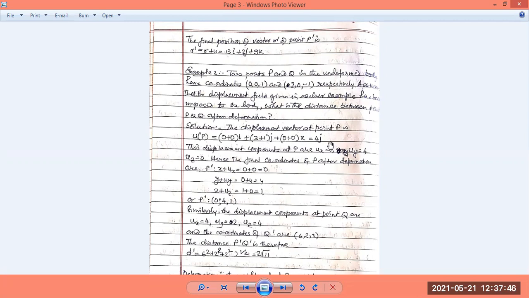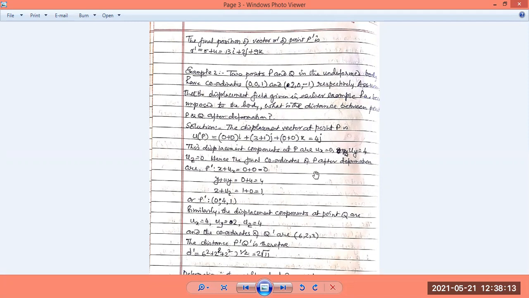So here we got the displacement vector at the point P itself, which is equal to 4j. The displacement components are ux equal to 0, uz equal to 0, and uy equal to 4.